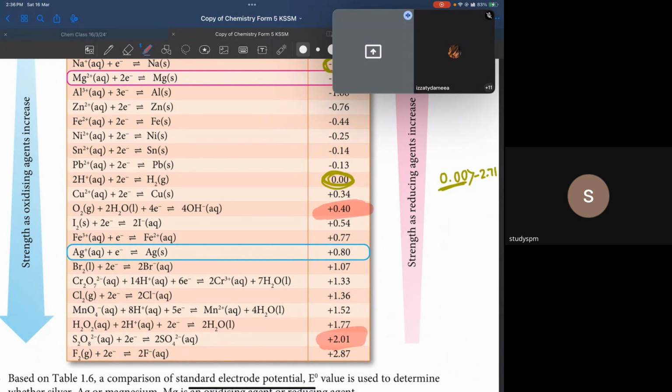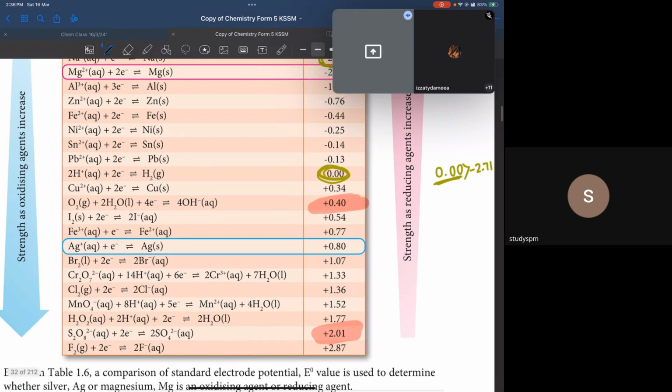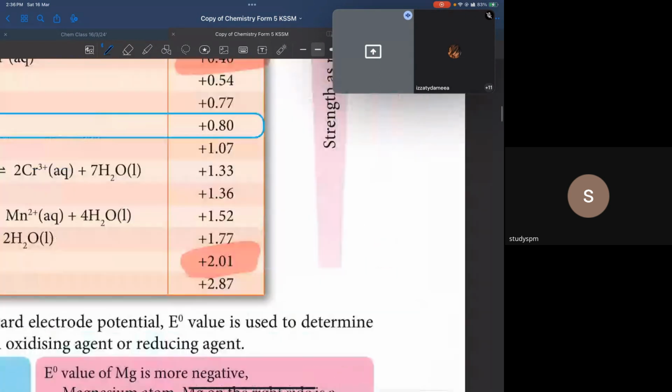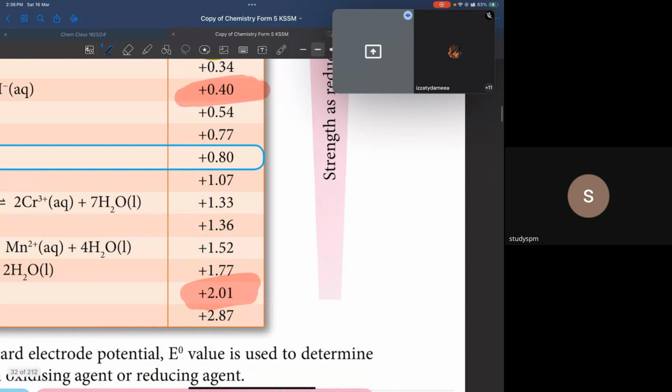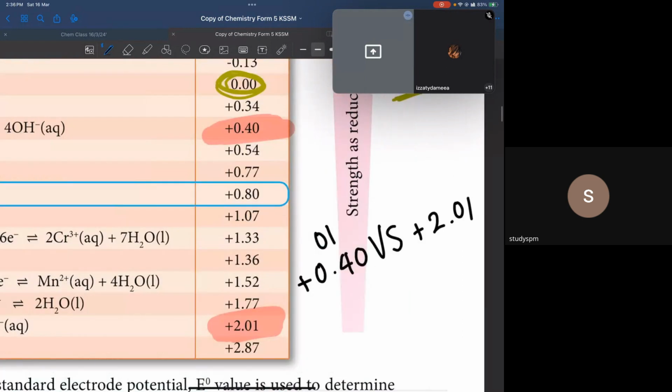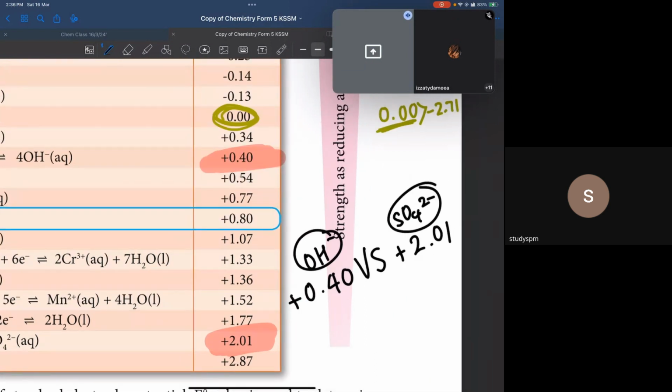Less positive oxidation for E value. Okay, another competition. This one is less positive, versus positive 2.2. This one is hydroxide, this one is sulfate. Okay, anode punya competition. Anode is LPO, less positive oxidation.